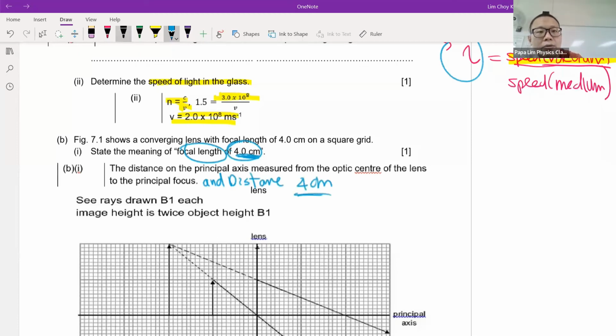I need to use the 4 cm in my answer, and I also need to define focal length. So I require you to give a definition of focal length with respect to the number given in the question, which is 4 cm, to draw a relationship with the question. This is what we mean by answering the question, not just defining. Define with context.